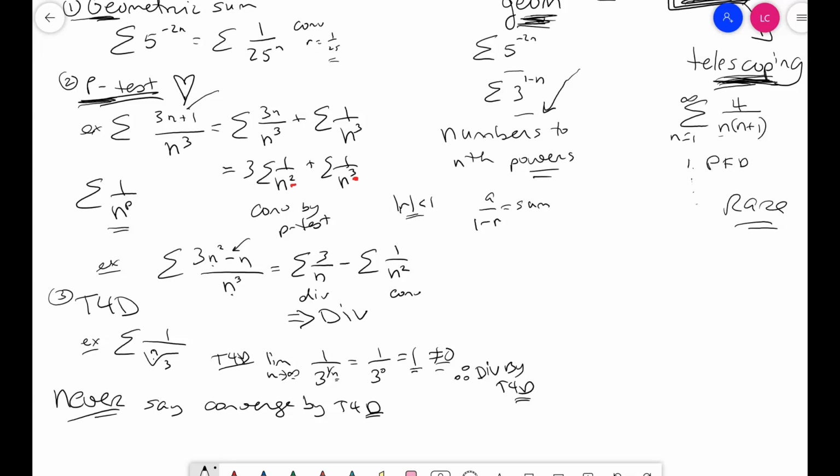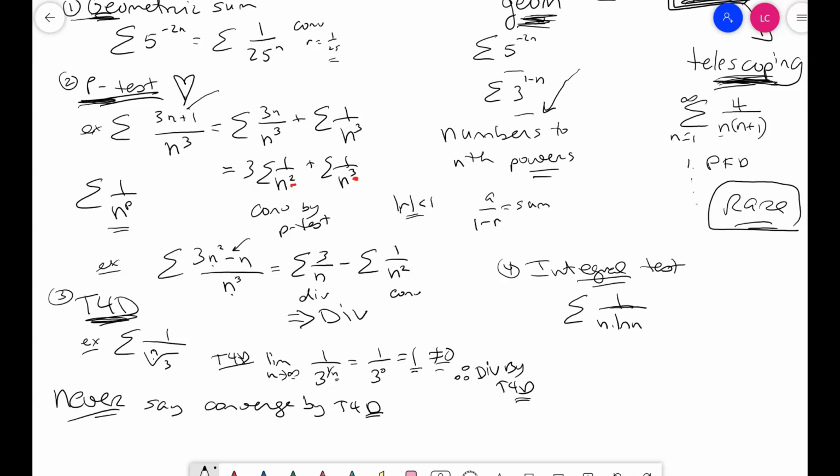Okay, so what we have so far, geometric, p-test, test for divergence, and then the last one that you just had was the integral test. So this is the most rare, this is the second rare. So integral test, well, when does that get used? I'm pretty sure I wrote this in my notes, but it's things like this, 1 over n times ln of n.